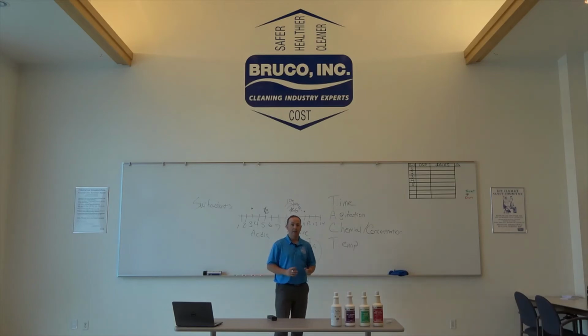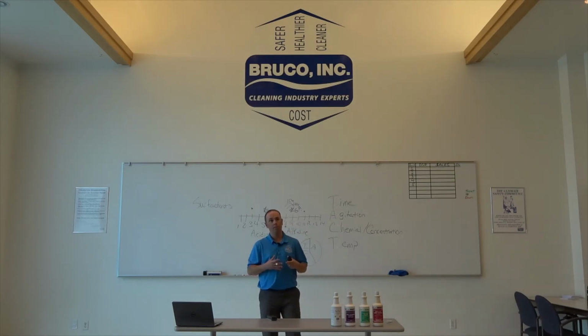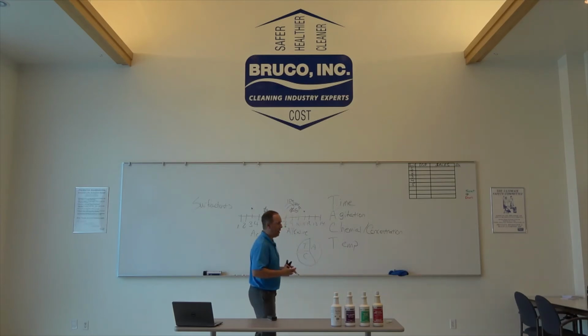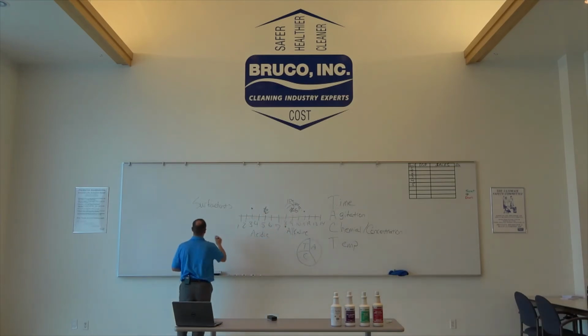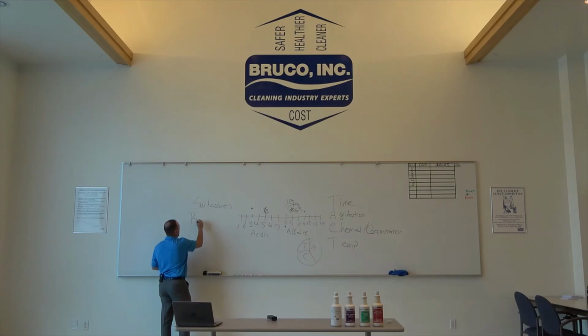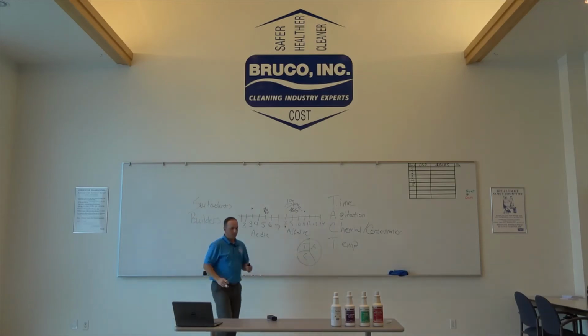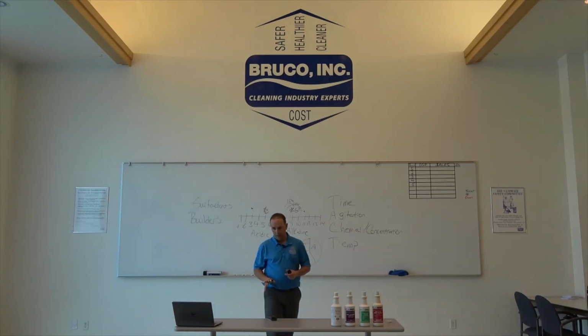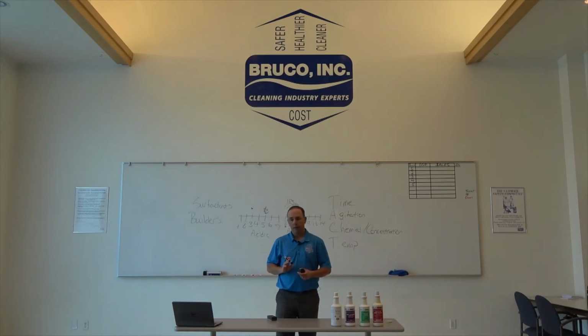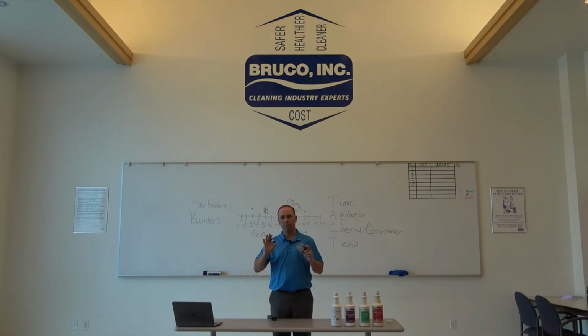The next basic piece or component of most commercial cleaners that we use is builders. Now, builders do a couple of things. Number one, builders help us set the pH of that chemical.